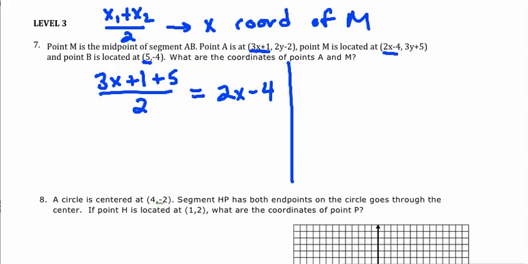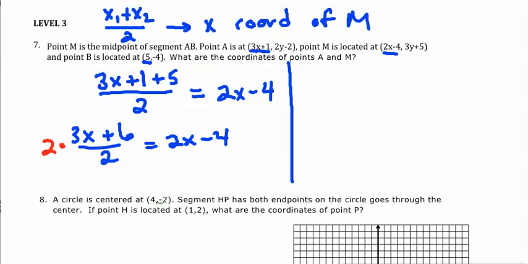Alright, so here, first we need to combine like terms. So 3x plus 6 up at the top. And then, in order to get rid of the denominator, the 2 over here, we need to multiply this side by 2, and if we do it to one side, we've got to do it to the other.